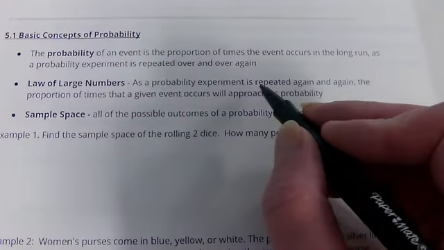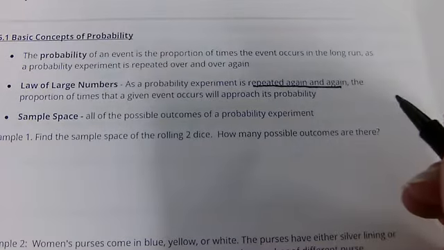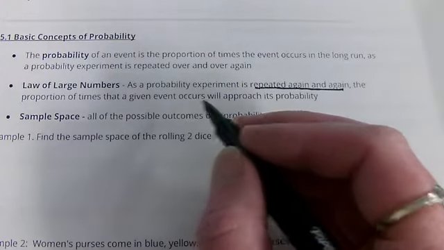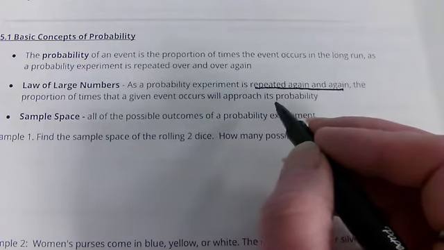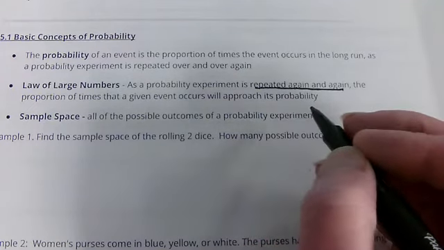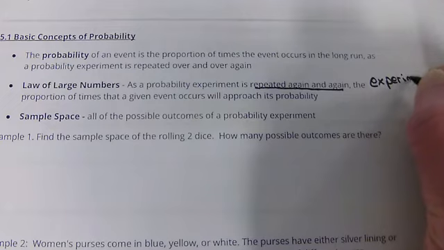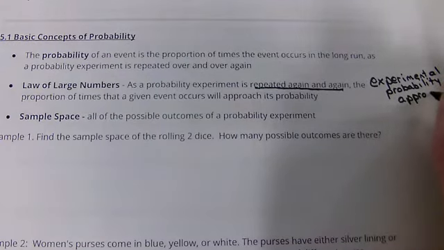if you keep repeating it again and again, the proportion of times that a given event occurs will eventually approach the theoretical probability. So what ends up happening is the experimental probability approaches the theoretical or empirical probability.